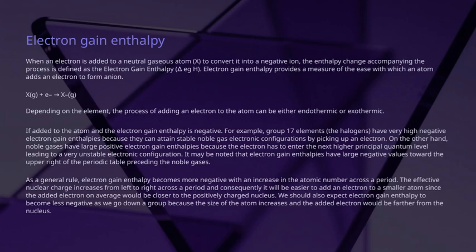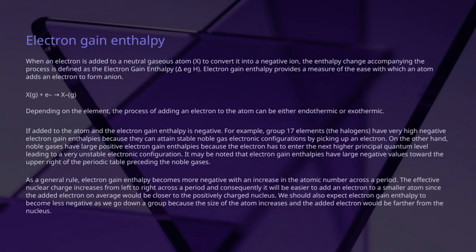If the electron gain enthalpy is negative, it indicates that the process releases energy, meaning it's exothermic and energetically favorable. For example, the halogens in group 17 have very high negative electron gain enthalpies because they can easily attain a stable noble gas configuration by gaining an electron.